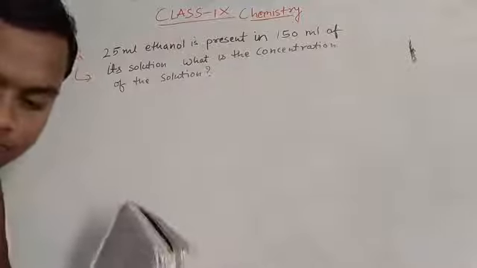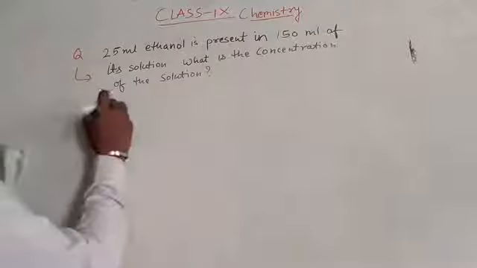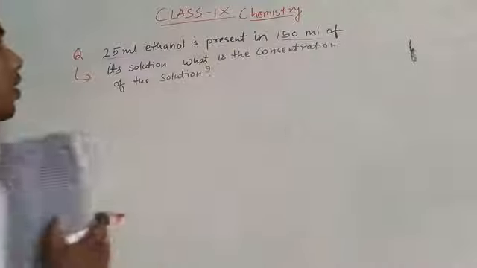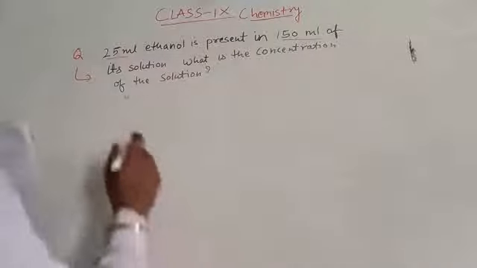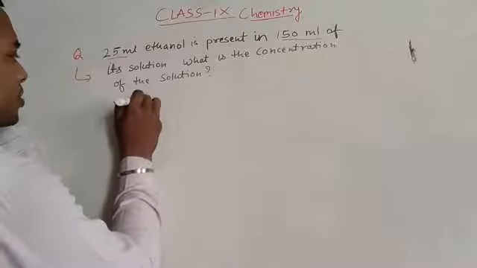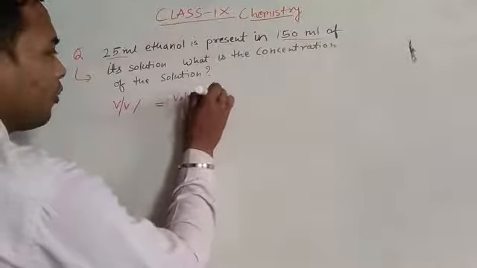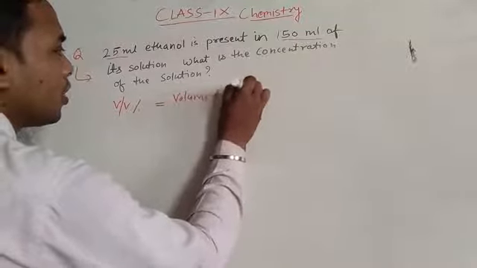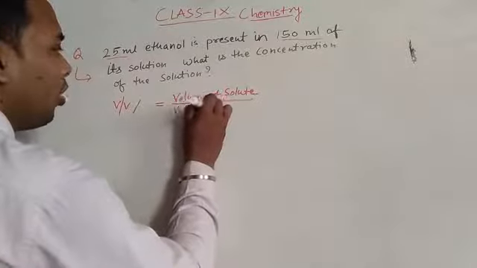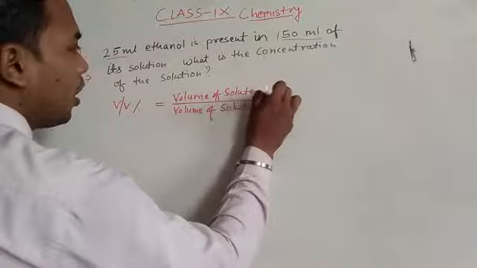So, both solute and solvent are liquid, so we will measure the concentration in volume by volume percentage. It will be equal to volume of solute divided by volume of solution, into 100.